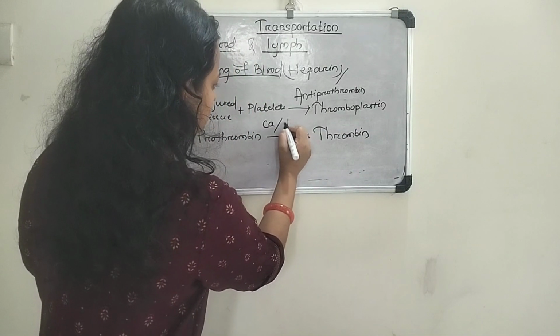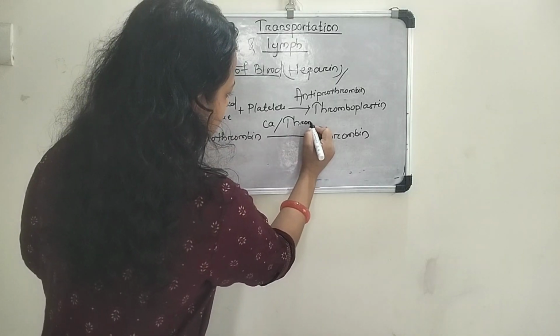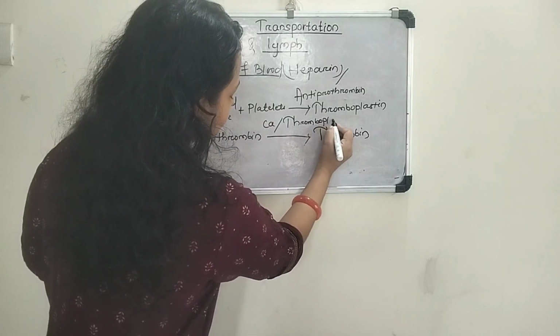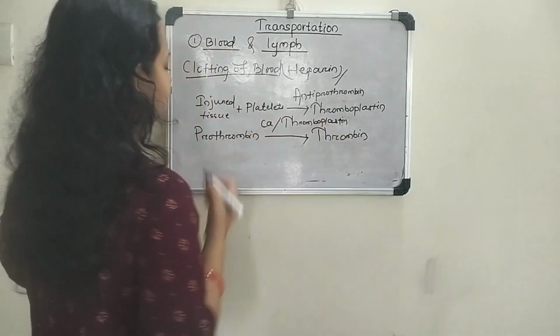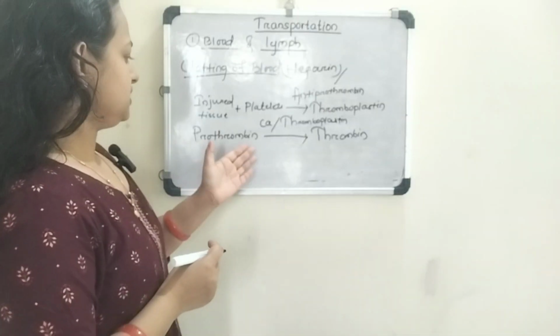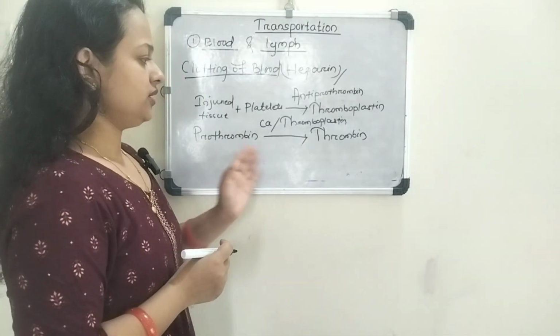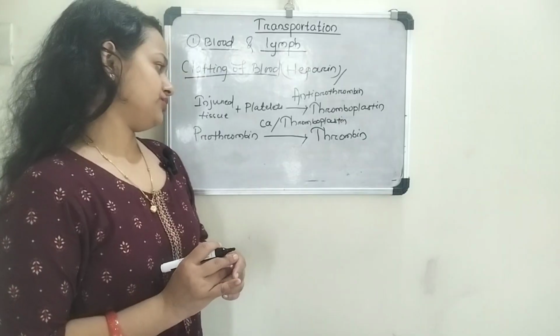The prothrombin is the inactive form and thrombin is the active form.